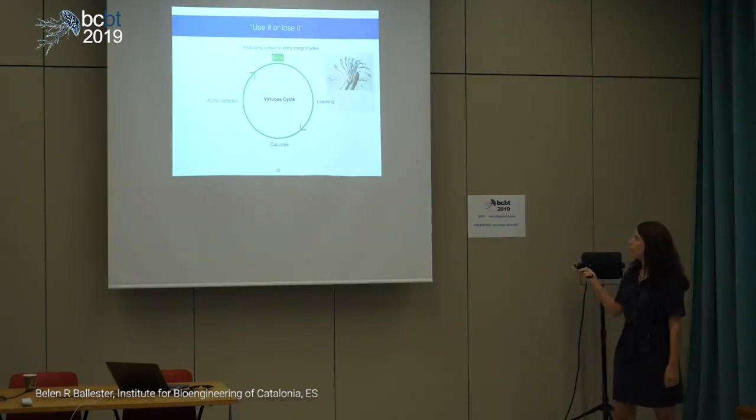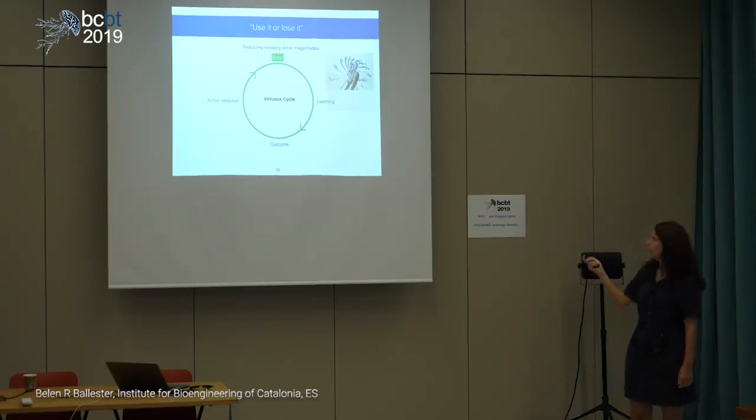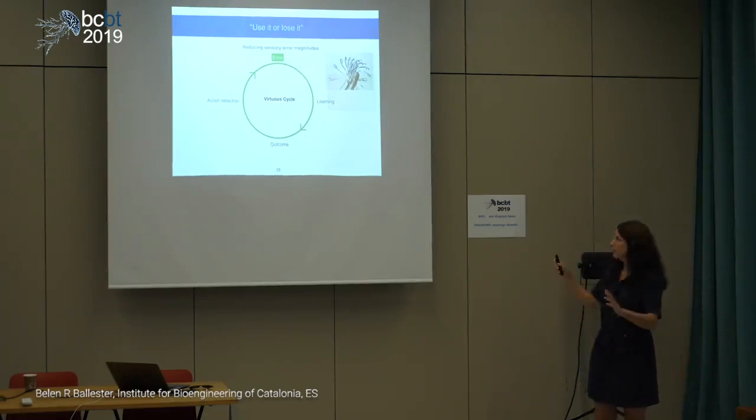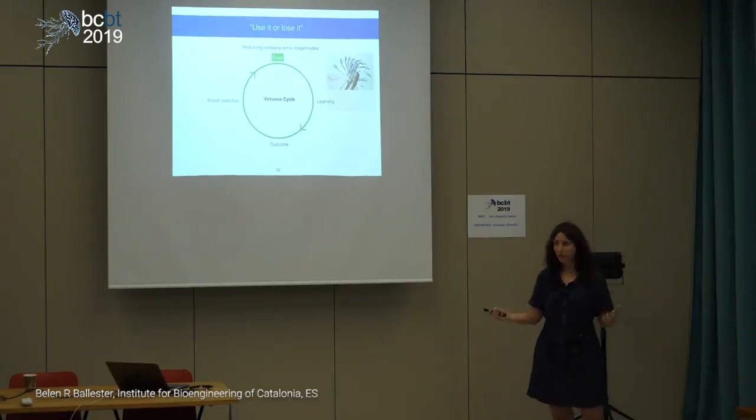We propose to reinforce the use of the affected arm instead of forcing it. Well, how? In virtual reality, we can manipulate error. We can reduce error. And if we reduce error, we will promote the future selection of that arm, because here action selection and learning are reinforcing each other.